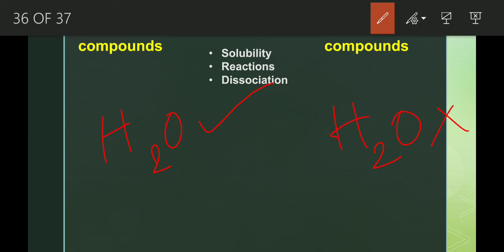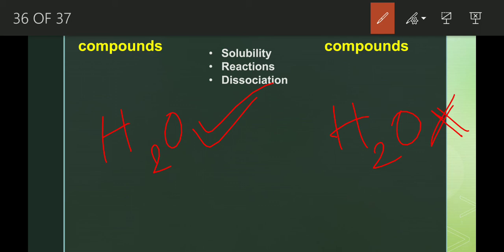Here, inorganic solvents means non-polar solvents, and water is a polar solvent. So electrovalent compounds are soluble in polar solvents like water. They are insoluble in non-polar solvents. But covalent compounds are soluble in non-polar solvents, and not soluble in water or polar solvents.